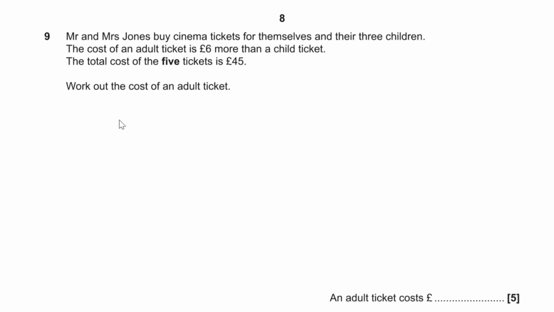Question number 9. Mr. and Mrs. Jones buy cinema tickets for themselves and their 3 children. The cost of an adult ticket is £6 more than a child ticket. The total cost of the 5 tickets is £45. We have to work out the cost of an adult ticket. We begin by letting an adult ticket equal x.